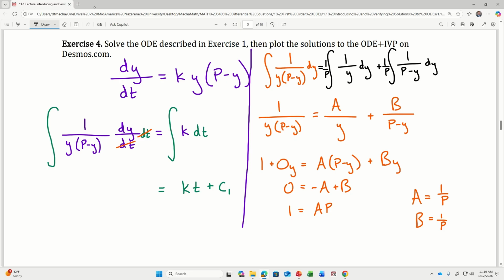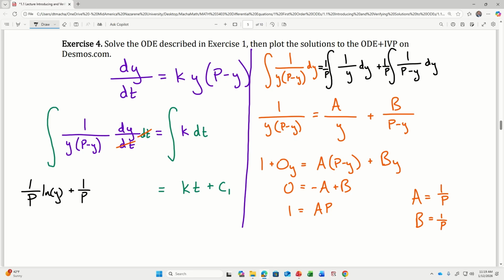So now back over here, I can do these antiderivatives. What's the antiderivative of 1 over y with respect to y? Yeah. So it's going to be 1 over p natural log of y. And then the next one is going to be 1 over p.